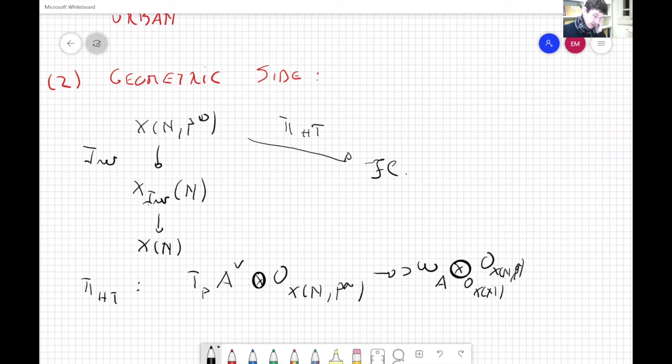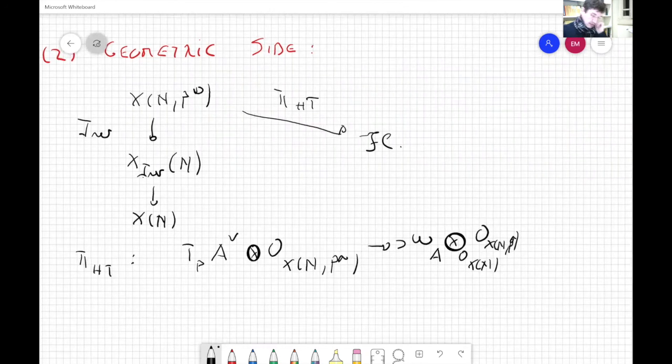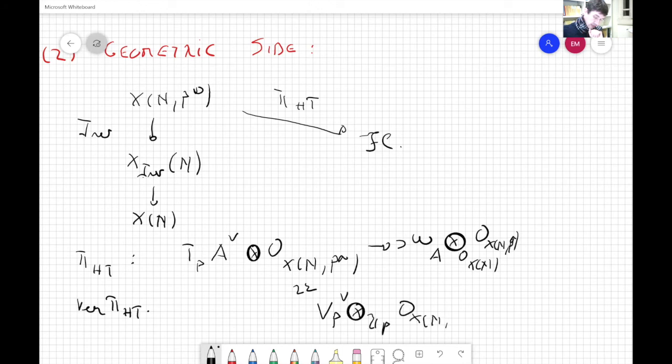This map is surjective, and the kernel of it defines a Lagrangian subspace. Remember that this is isomorphic to V_p dual tensor Z_p O_X and P infinity, because we have a universal trivialization of the Tate module.